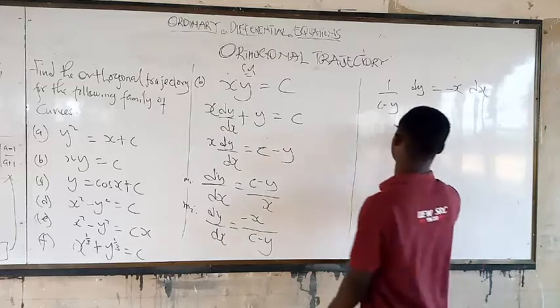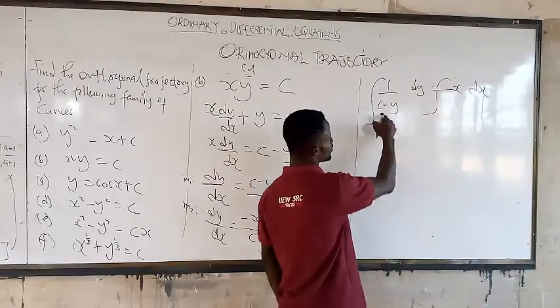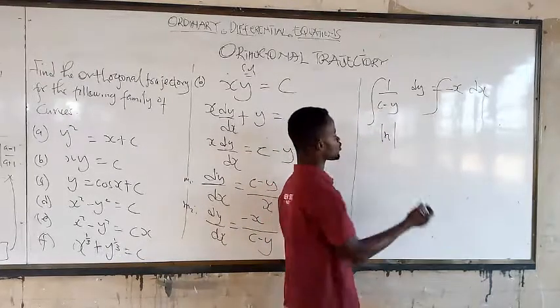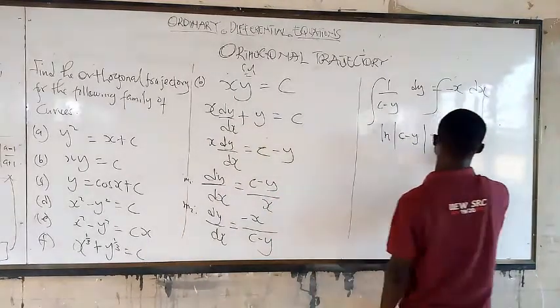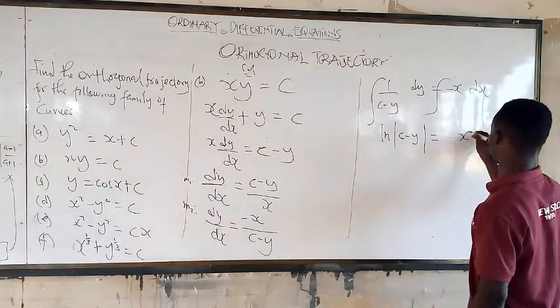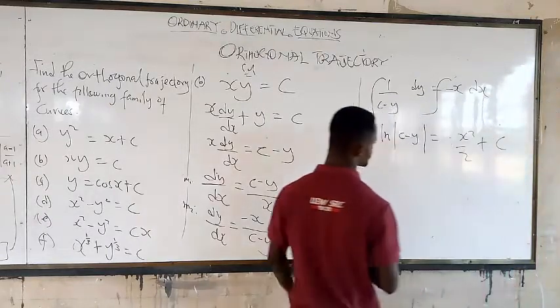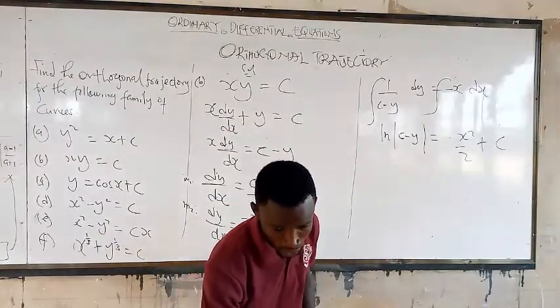That is that. Integrate both sides. And when you do that, here you're going to get c is something like 2, 3, 4, so don't worry. So c minus y is equal to this, we get x squared over 2 plus c. That is your final answer for that here.